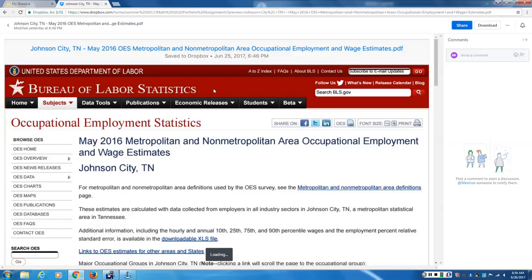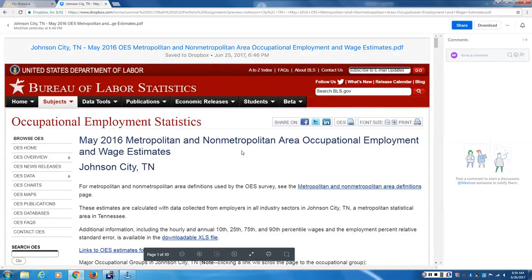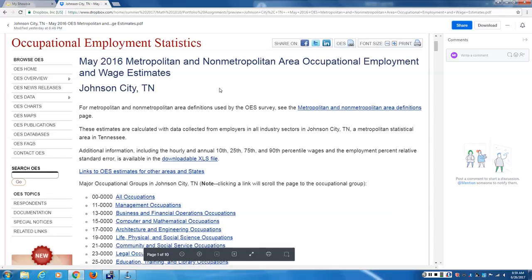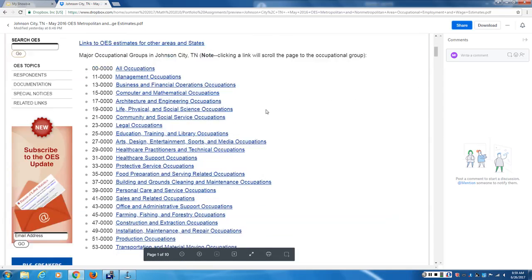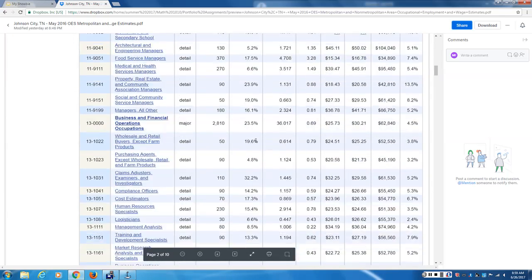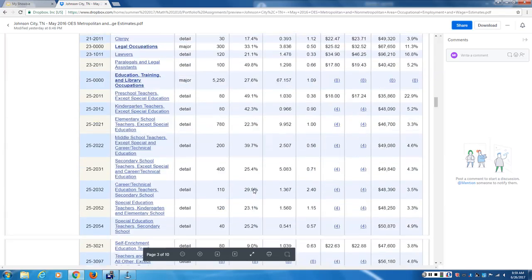Once you get into that website, if you look around, there's actually a link to where you can find metropolitan and non-metropolitan area occupational employment and wage estimates for Johnson City. So you'll need to be able to go to that page too.